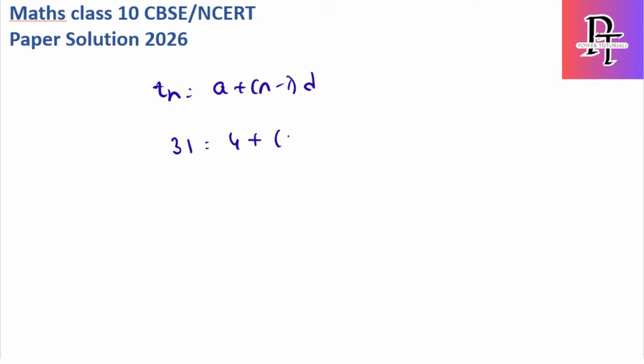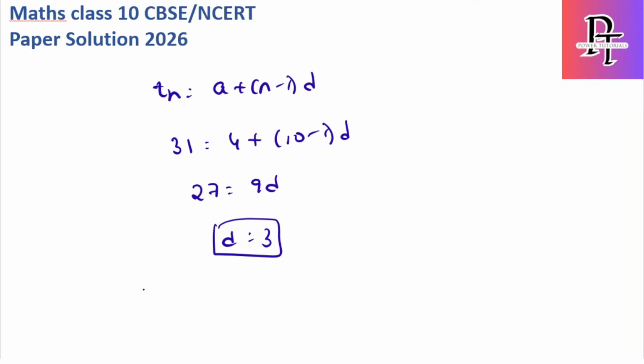So 31 is equal to 4 plus n value we got, 10, 10 minus 1 into d. So 31 minus 4 is, sorry, not 28, 27. 27 is equal to 9d. So I got the d value as 3.